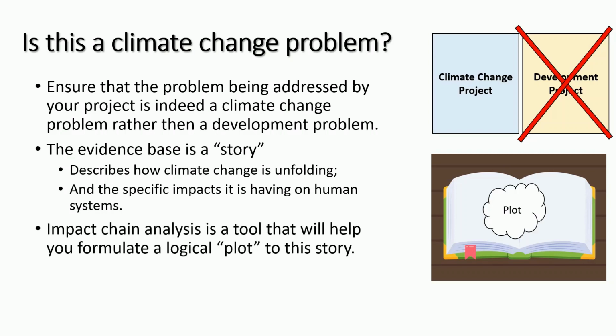So the climate change analysis is a tool that will help you formulate a plot, a logical plot to this story, and a plot that is backed up by data and information that's grounded in science, like we saw on the last slide.